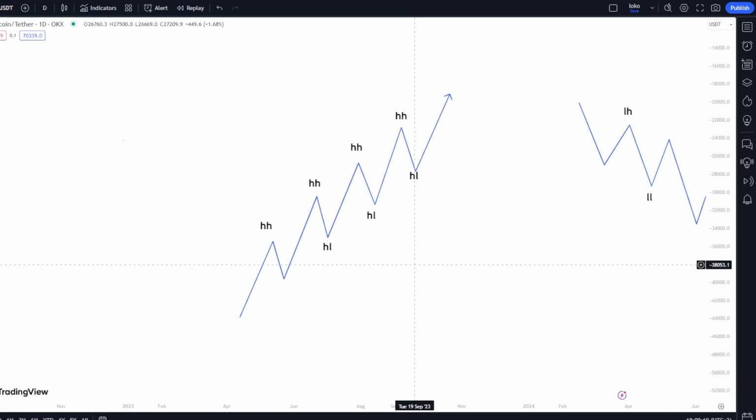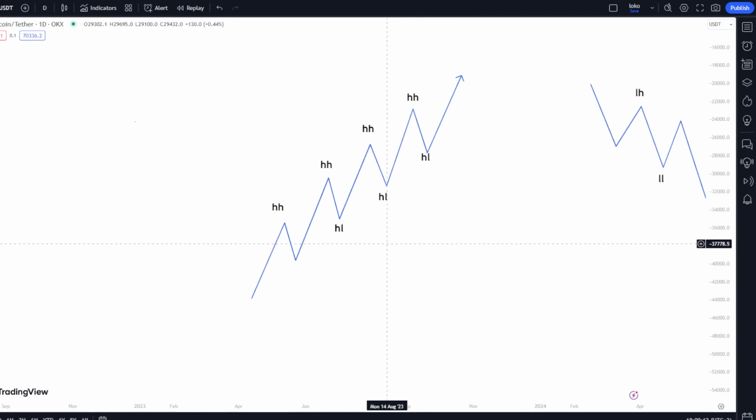And as I mentioned in the FVG lesson, you need to trade by trend. For example, in this situation we have an uptrend and we look for a short position.